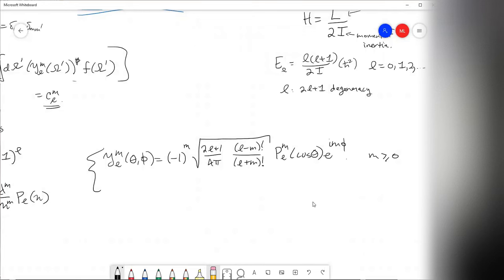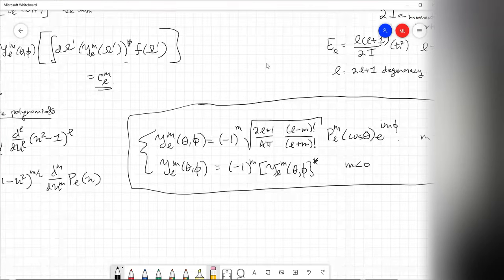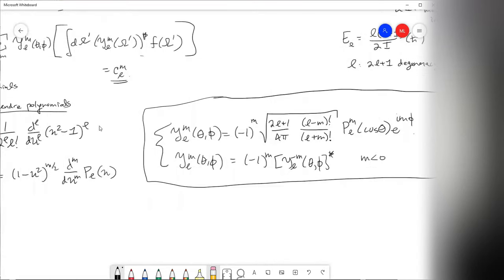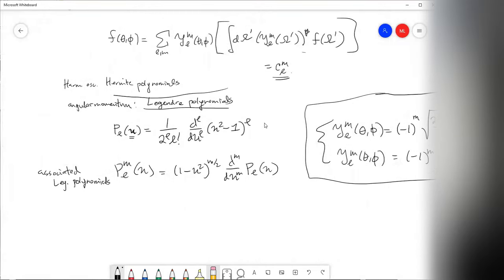For negative m, you get minus 1 to the m, and then it's the same as the positive m's, but complex conjugated. So these are the spherical harmonics. I've given you the recipe to write down explicitly, in terms of theta and phi, any spherical harmonic.